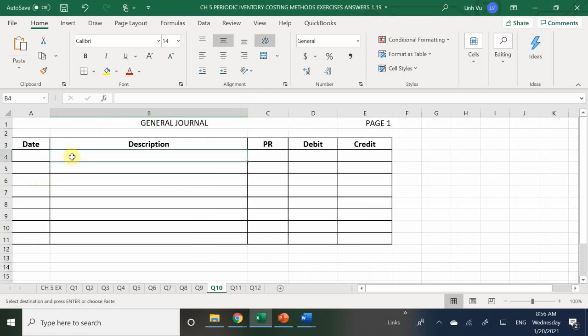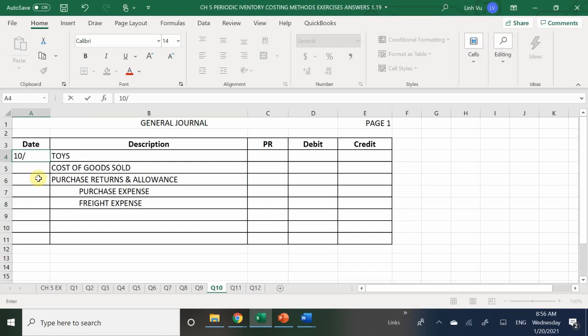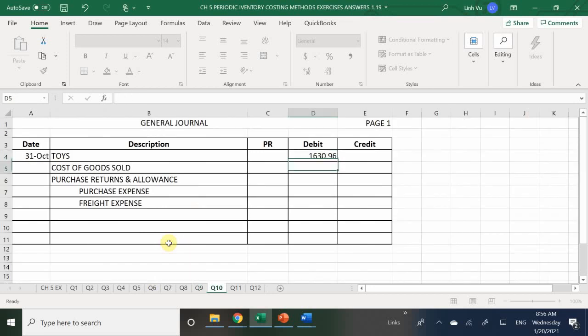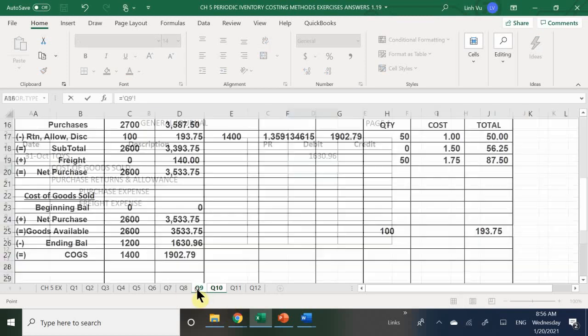All right. And this is October 31st. All right. So what was my ending balance that I solved for? 1630.96. Yes. Okay. And how much was my cost of goods sold?